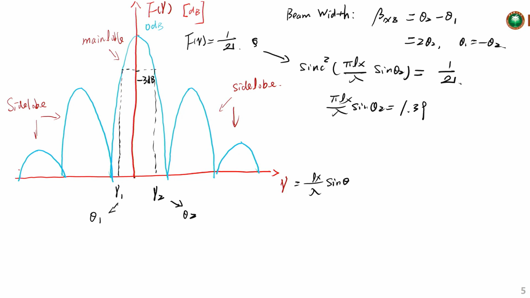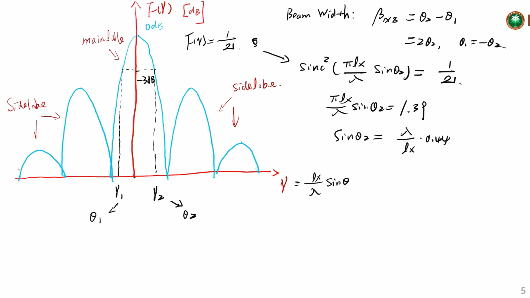Based on this equation, we get the expression sin theta 2 equals lambda over Lx times 0.44. Okay, so this is based on the operating wavelength and the dimension of the square aperture. Then we can get it for the rectangular aperture as well; we can calculate it.